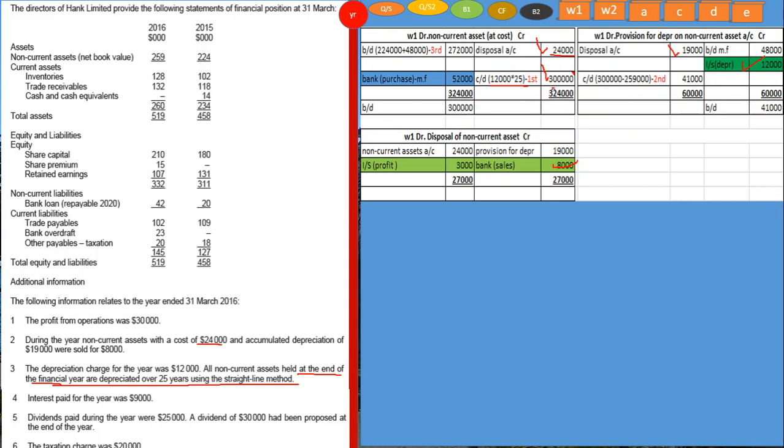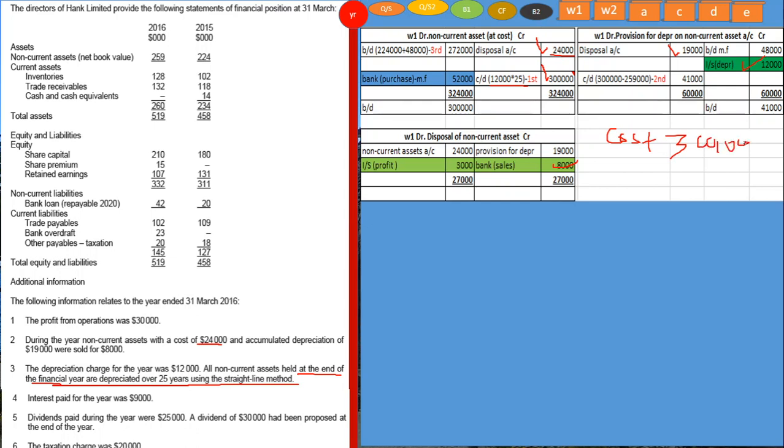Once you understand this, now in your provision for depreciation on non-current assets, you need to get this value, closing depreciation. Now how to get this? That's the question we need to understand. At the end of the year, the cost of non-current asset is 3 lakhs.